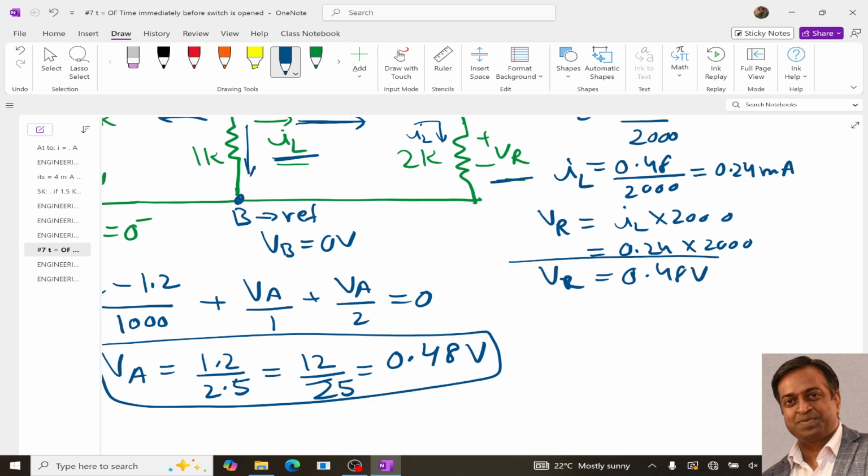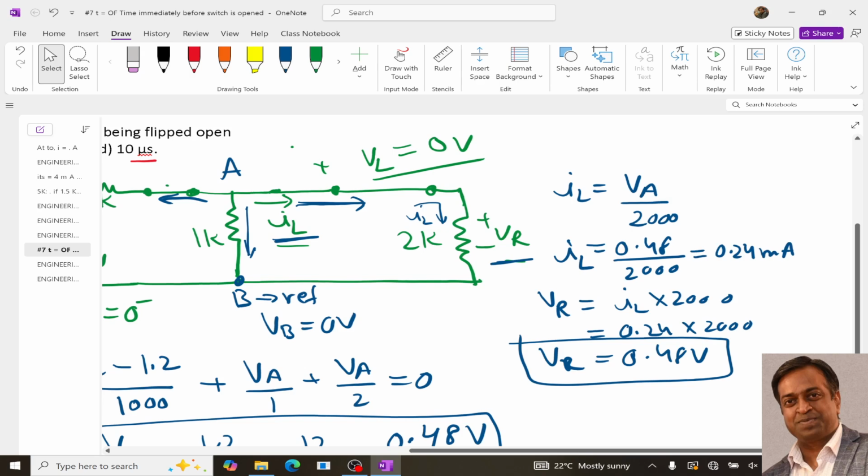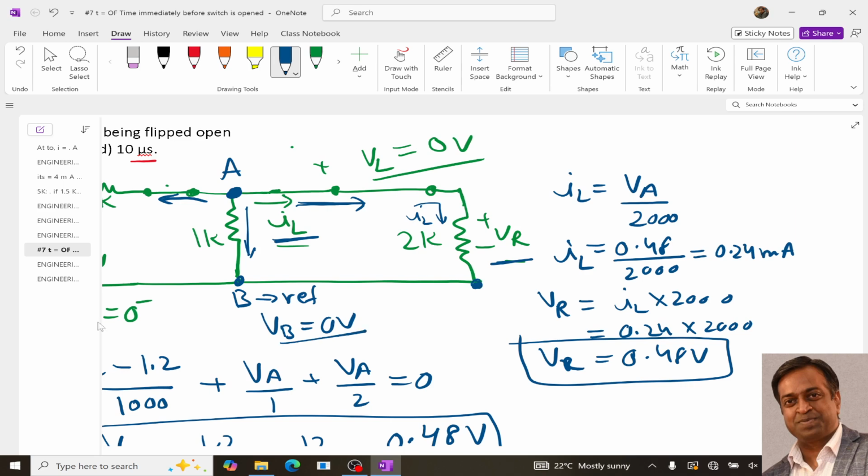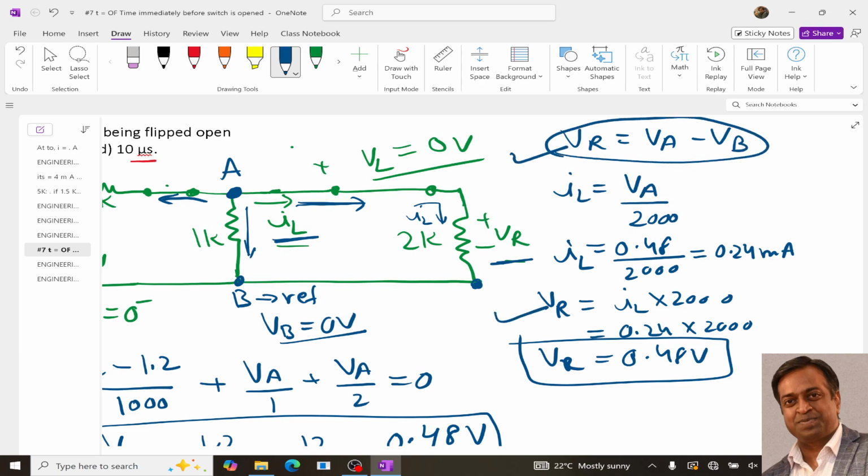We can also determine VR because we already know the voltage of node A, and the voltage at node B is 0, so VR can be determined as VA minus VB. So in any way, using either method, we can determine VR.